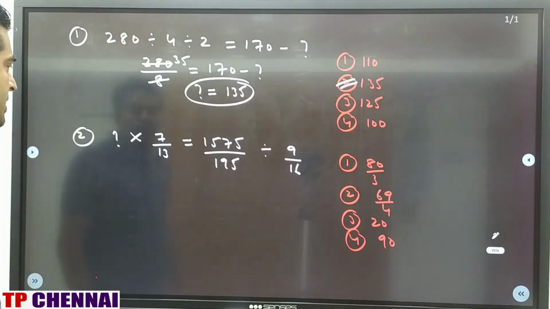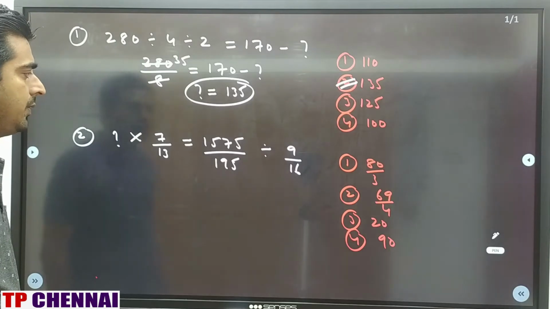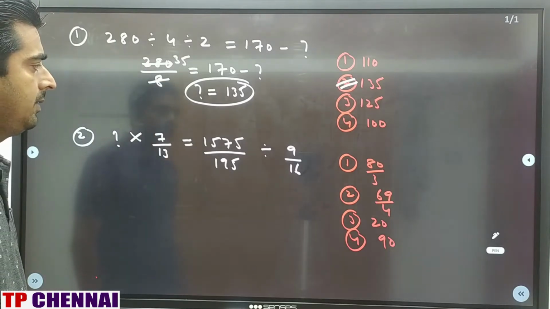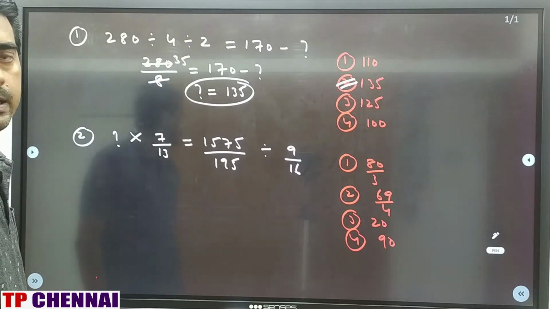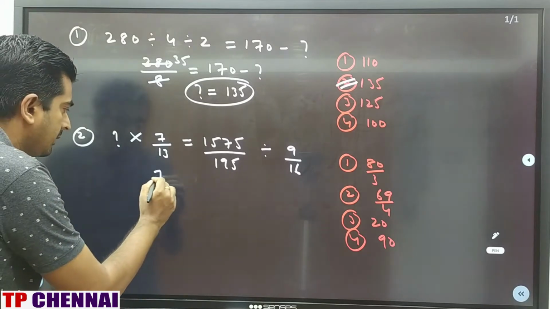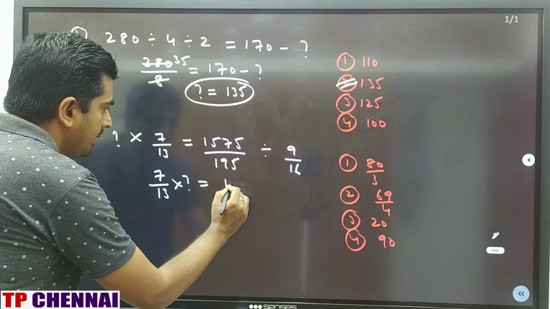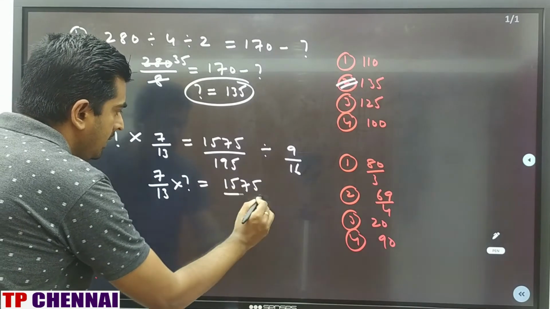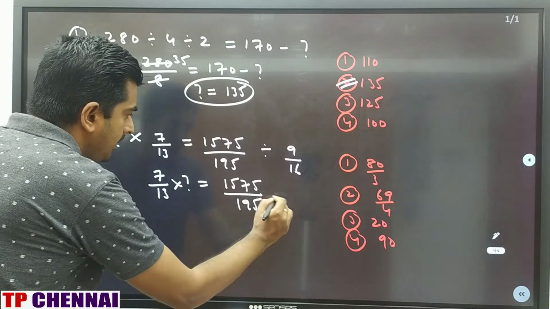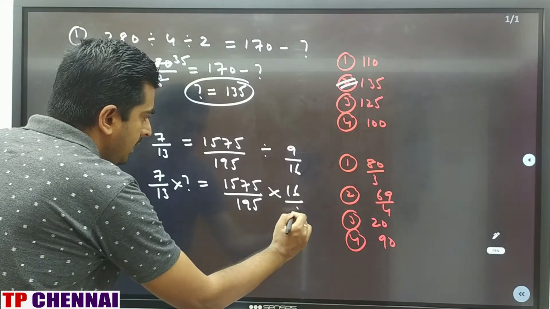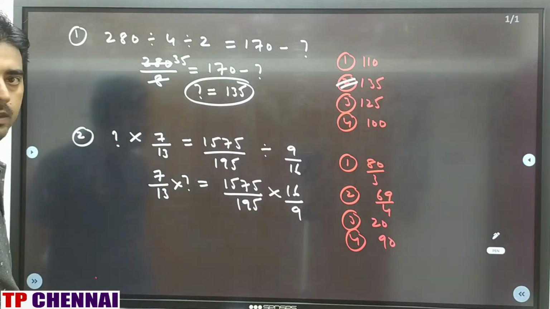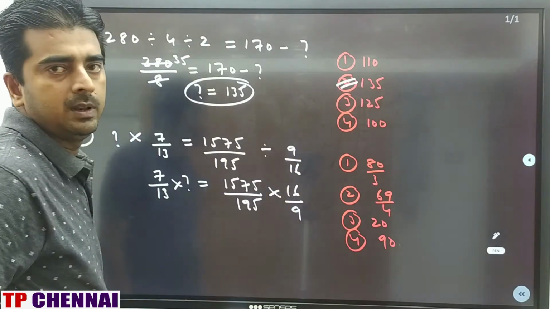Next one, question mark into 7 by 13 is equal to 1575 divided by 195 divided by 9 by 16. This is 7 by 13 into question mark is equal to 1575 divided by 195 into 16 by 9, because I need to change the division symbol into multiplication.